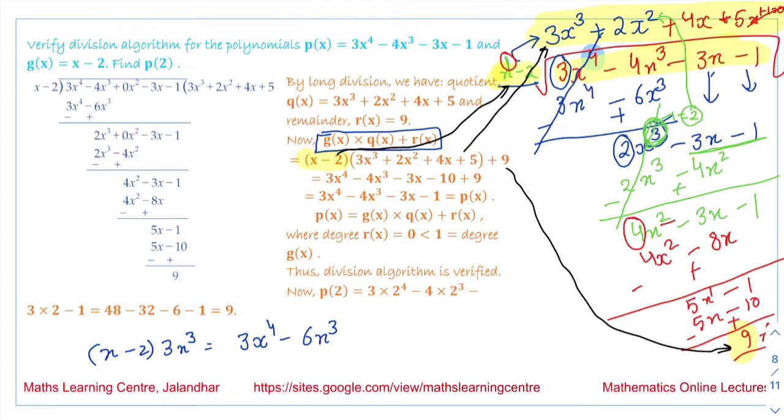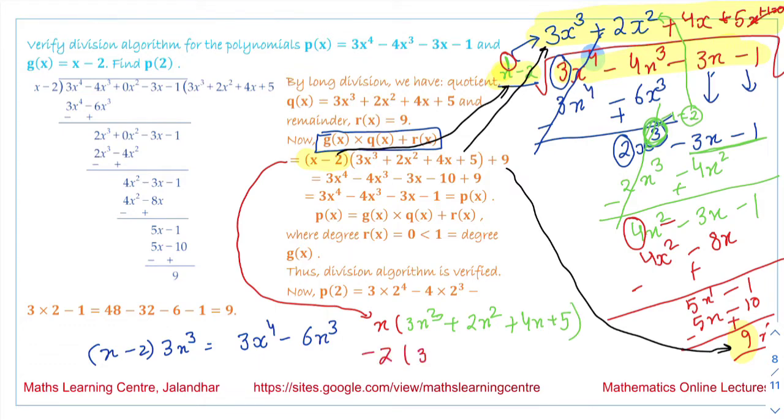We multiply these terms. How we multiply these terms is, it is x into 3x cube plus 2x square plus 4x plus 5. Next it is minus 2 into 3x cube plus 2x square plus 4x plus 5, plus 9.